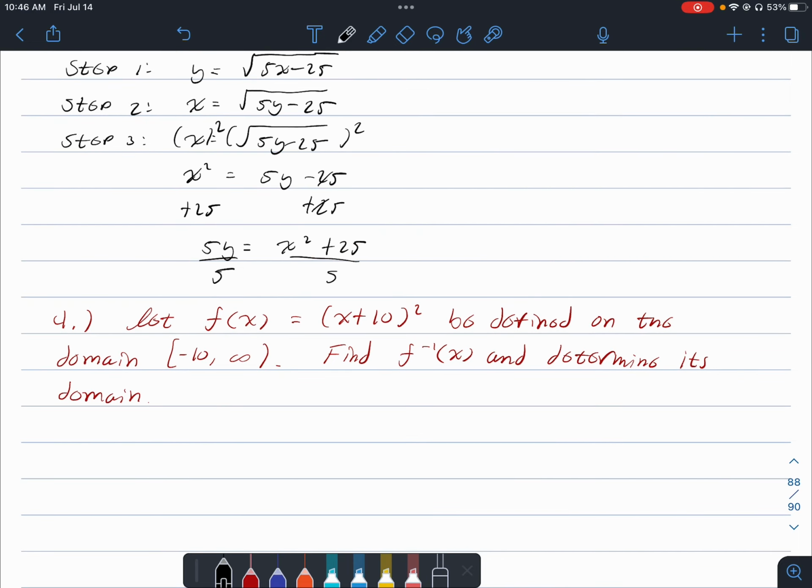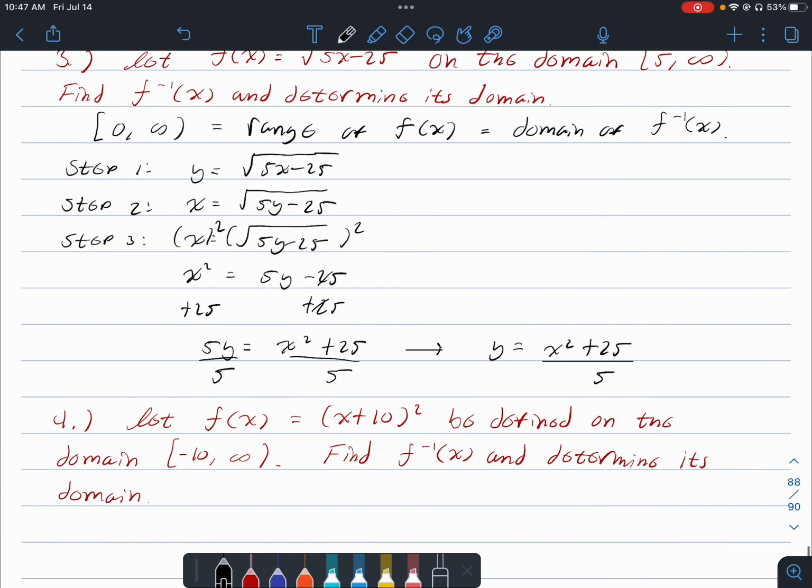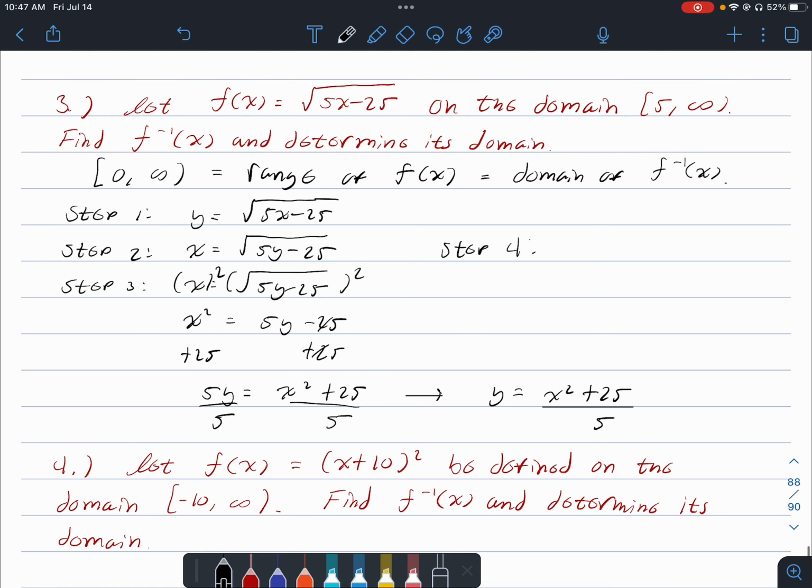We can divide both sides by 5, and then we get that y is equal to x squared plus 25, divided by 5. Now for step 4, we're going to replace y with f inverse of x. So we'll have f inverse of x is equal to x squared plus 25 divided by 5.